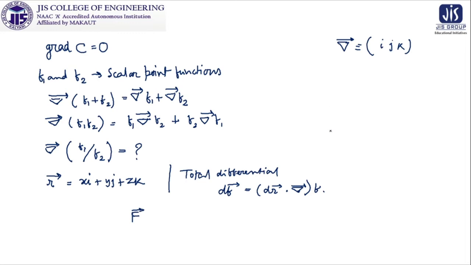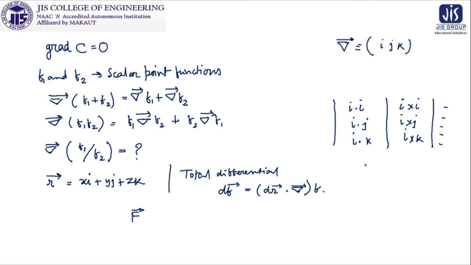Before going into more problems, I just want to say that you should revise i dot i, i dot j, i dot k, as well as i cross j, i cross k, and all other possibilities on the concept of dot product and cross product.